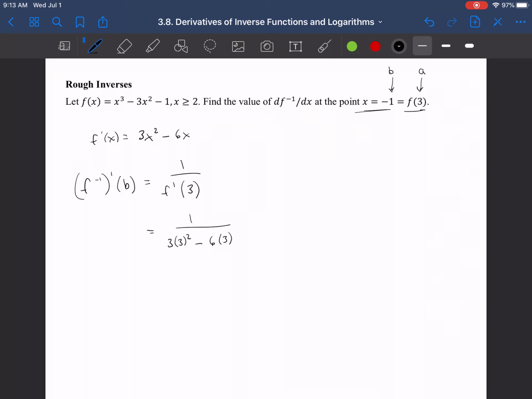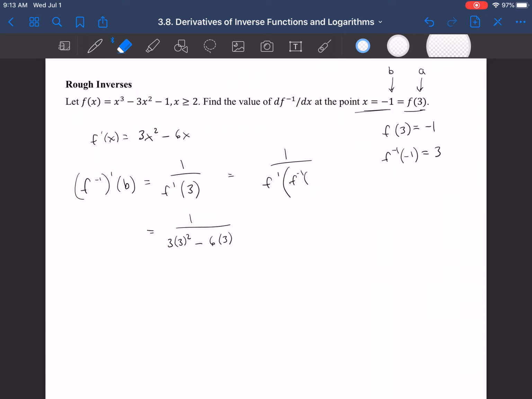Sorry, just to clarify this a little more, what I'm saying is if f of 3 equals negative 1, then f inverse of negative 1 equals 3, right? So this was supposed to be 1 over f prime of f inverse of b, like that. Okay, so really this came before that step, but that's what I'm saying.